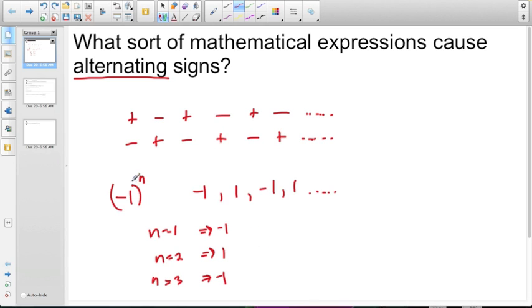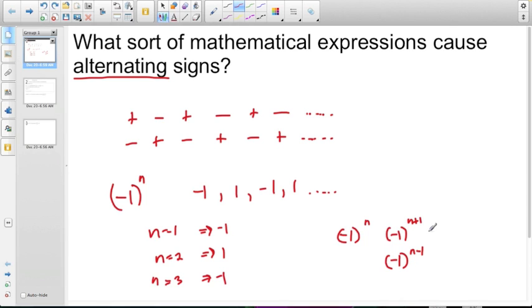And anything that's going to cause this power to increase sequentially. So for instance, not only does -1 to the n power work, but -1 to the n plus 1, or -1 to the n minus 1 would also work, depending upon what you need to start off with.